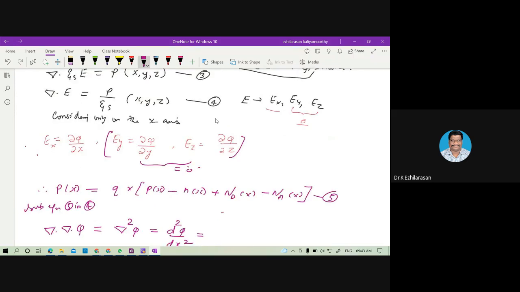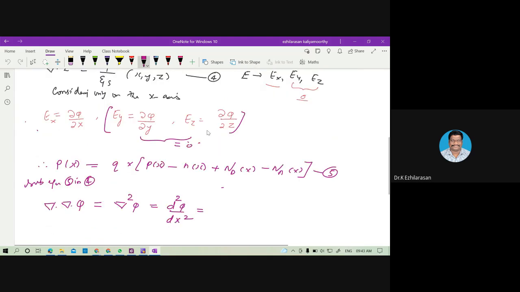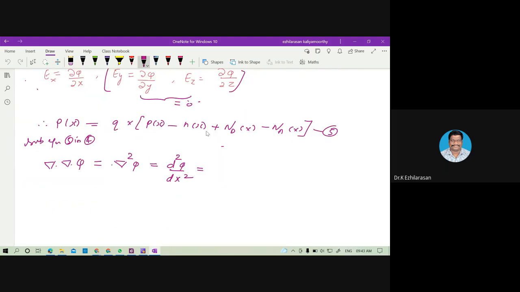For your convenience, this is minus, and minus here also, so this minus will go to the right side.